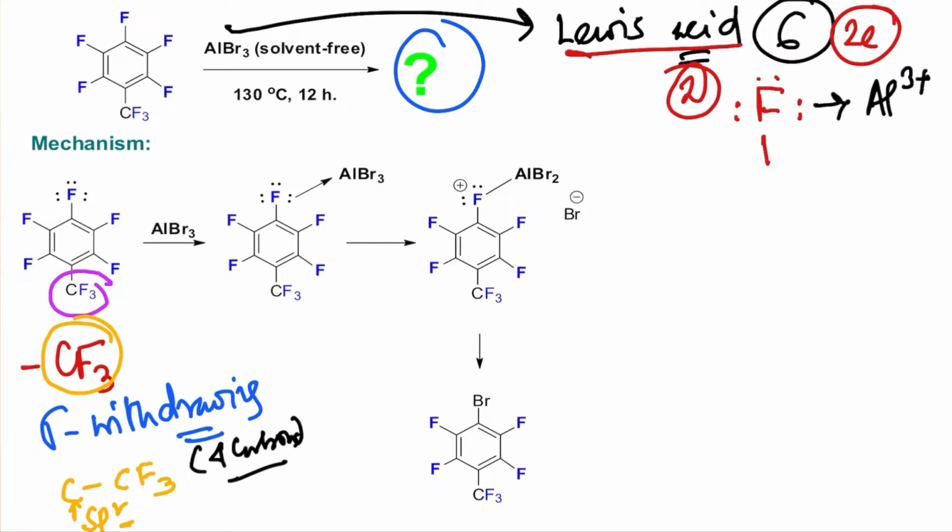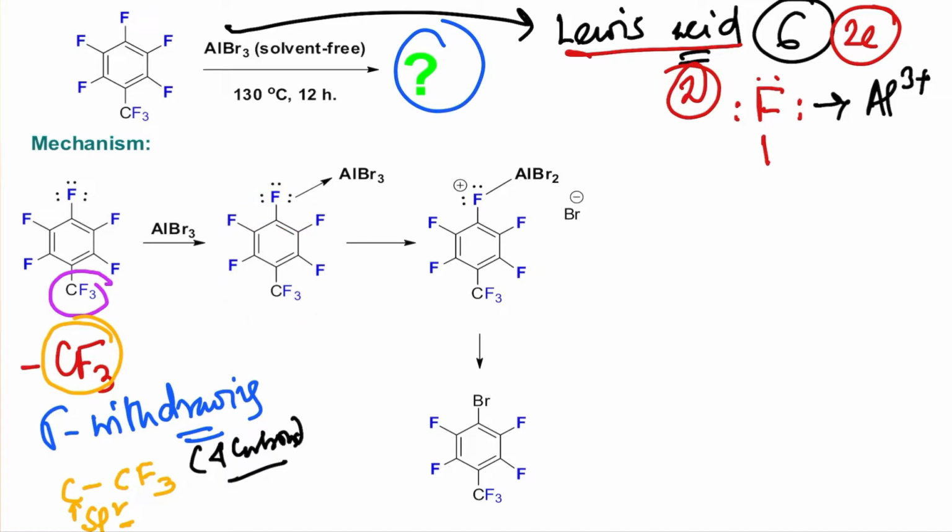We understood. Now in this case if you look at the meta fluorines, 2 meta fluorines are facing the relatively more electron withdrawing nature of this CF3 group, so consequently they are more electron deficient compared to the para one. On this parafluorine, the withdrawing effect of this CF3 group is minimum.